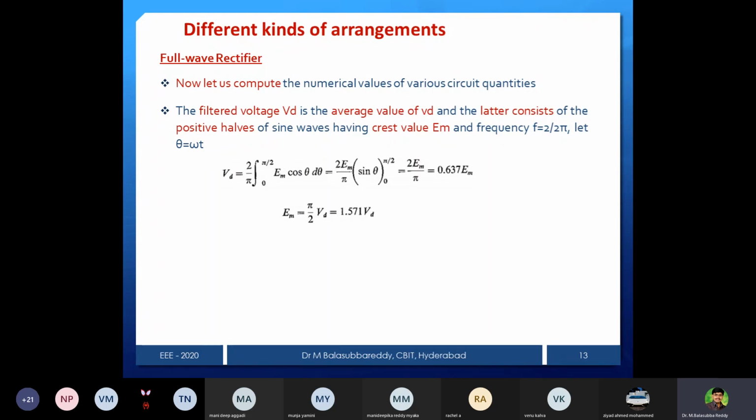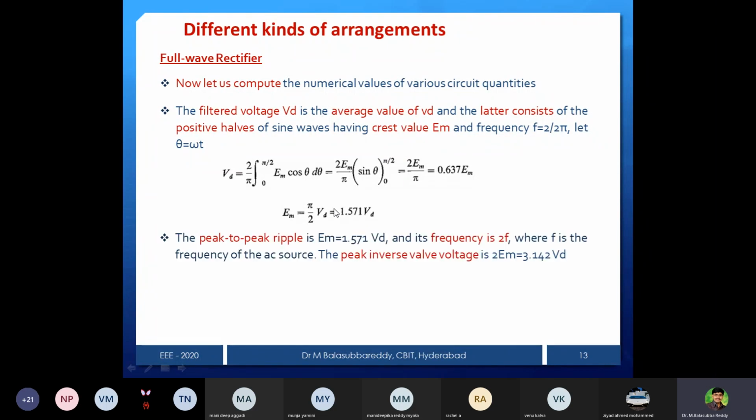That is the maximum. Because I used a diode, I have not mentioned alpha or anything. I just consider omega t equal to theta and integrate this, and you get the average voltage as 0.637 Em. From this, Em can be obtained in terms of Vd, where Vd is our average output voltage. Then you get 1.571 Vd. This is the Em value obtained.